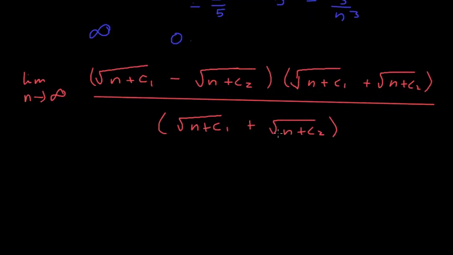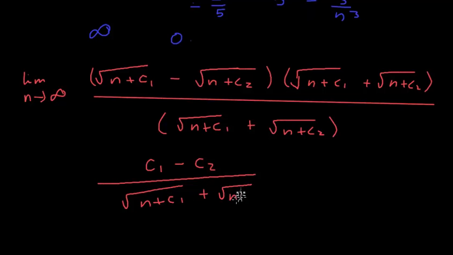If you know that cool algebra trick from primary school, then you should realize in no time that the numerator should be c1 minus c2, over the square root of n plus c1 plus the square root of n plus c2. The denominator goes to infinity and the numerator is some number c1 minus c2. So this tells us that this limit tends to 0.